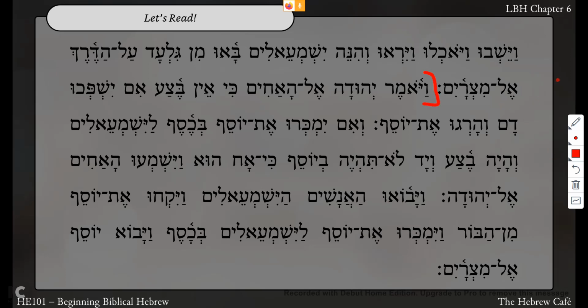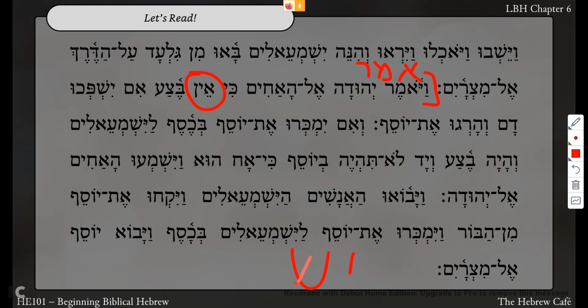Okay, it's Vayomer Yehuda el ha'achim ki ein. What is ein? Ein means there is not. There's no. It's the opposite of there is, and there is is yesh.